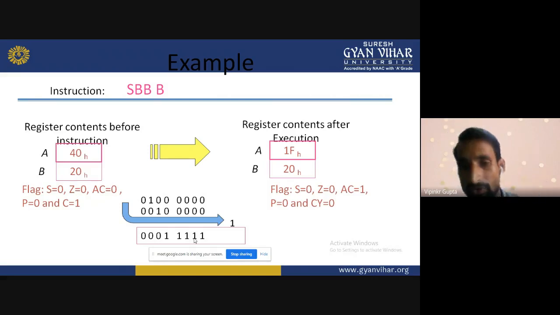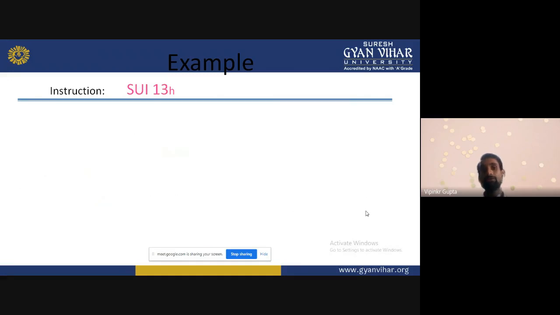When it is odd, then it's 0. So parity flag is also 0. Carry flag. Here it's 0 because no borrow is left. We are not taking the borrow, so it's 0. Here it is 1, here it is 0. That is the difference. So now I am coming to SUI.